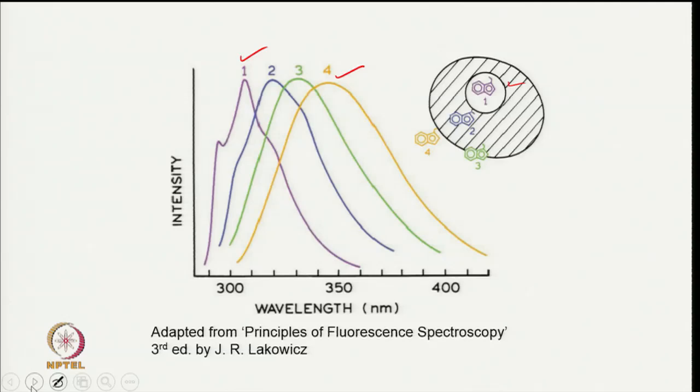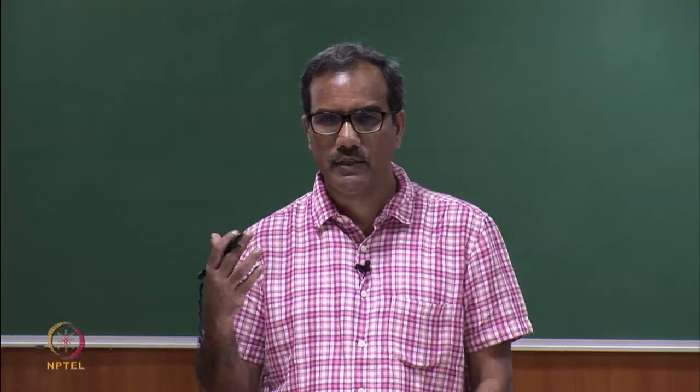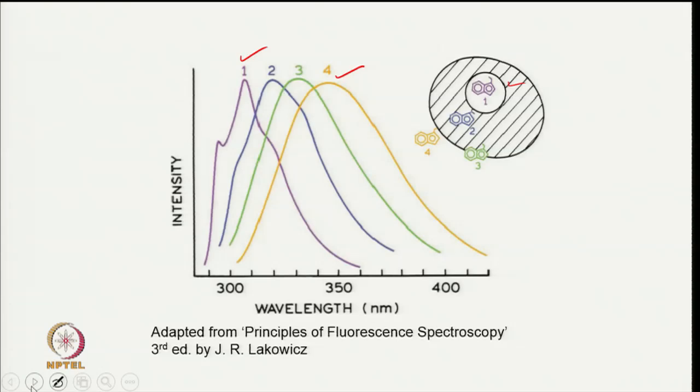And as expected, when a fluorophore is in a different environment, the lambda max will change. If the fluorophore is in a more polar environment, then lambda max will be higher. When the fluorophore is in a hydrophobic environment, lambda max is going to be lower, and that is what you can see: when this fluorophore is in very hydrophobic condition, lambda max is the lowest, and when it is in water, lambda max is high.